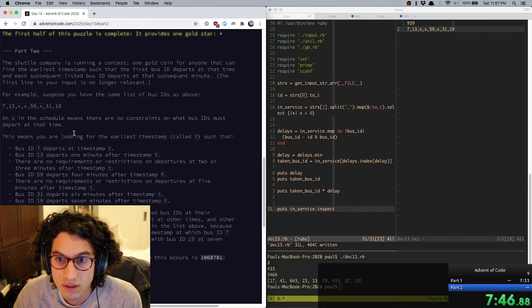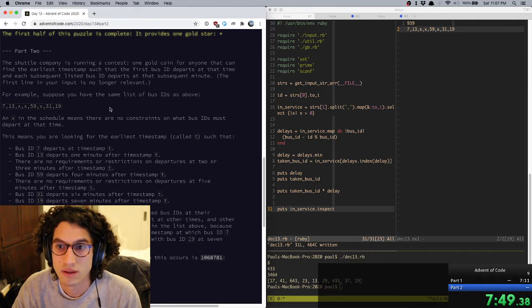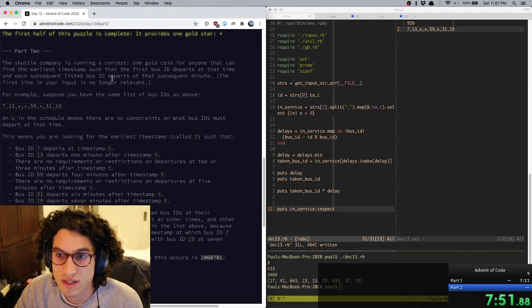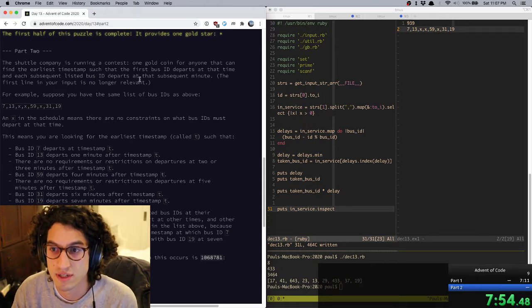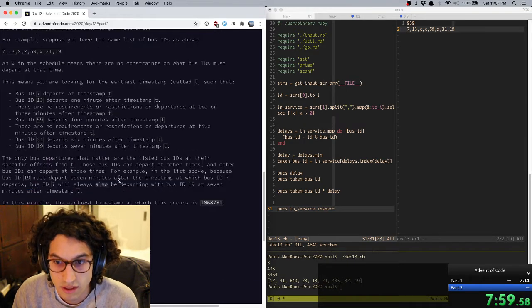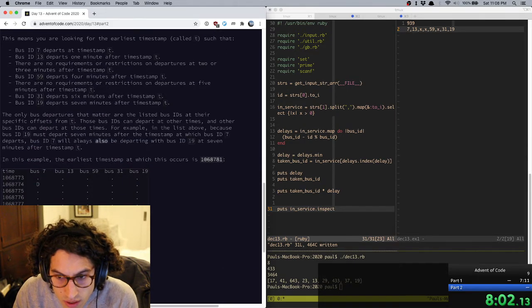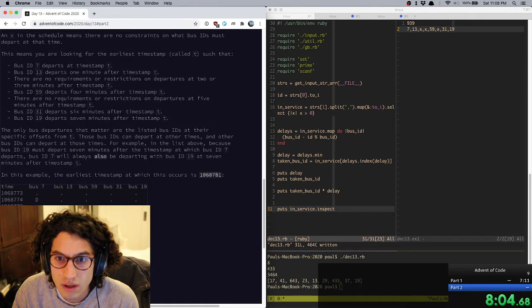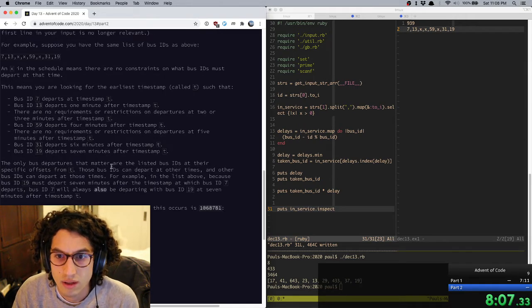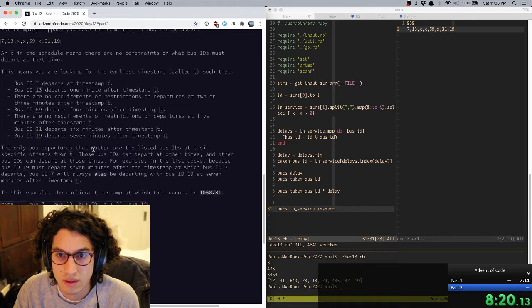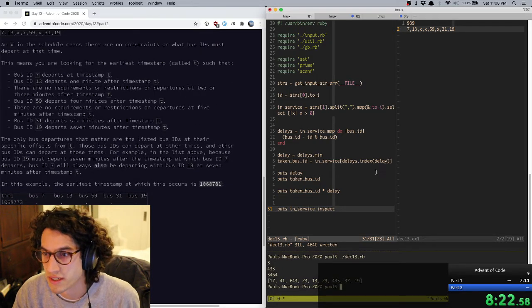The earliest timestamp such that the first bus ID departs at that time and each subsequent bus ID departs at that subsequent minute. Oh, I see.